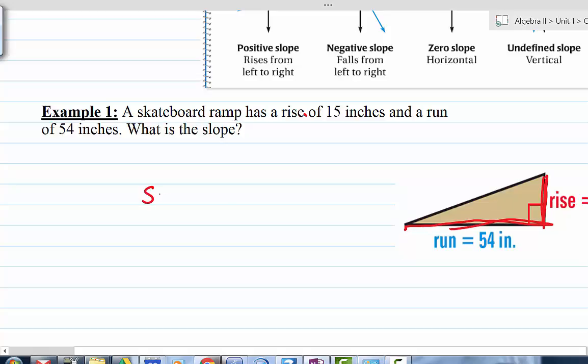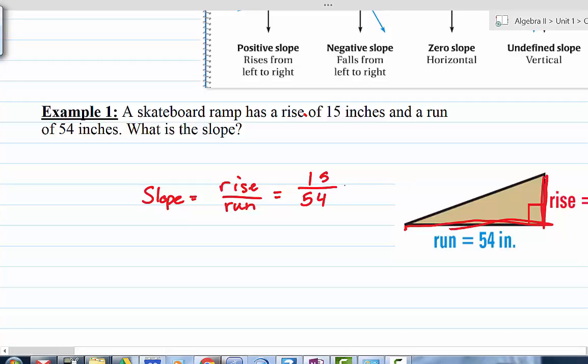So if slope equals rise over run, then you know how much you're rising. You have 15, right? And you're running 54. Pretty much that'll be somewhat your slope.